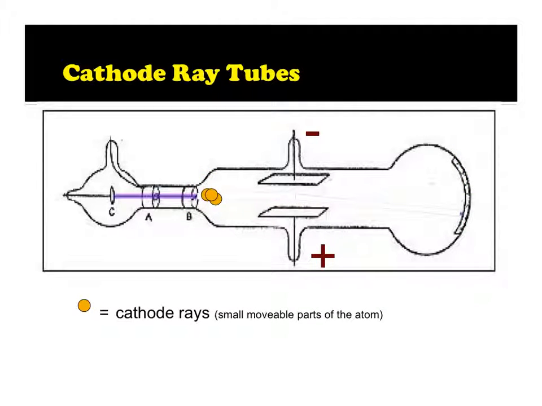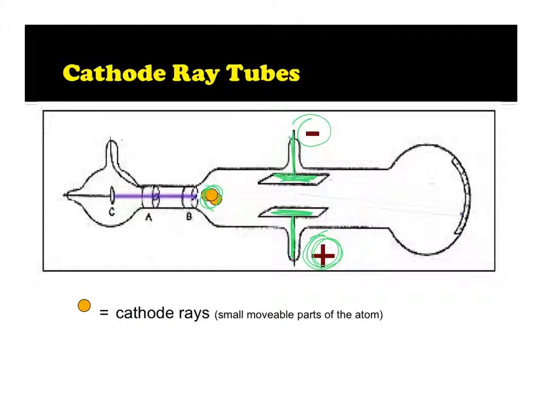To determine if this piece was positive or negative, he put charges and charged these little plates. So this plate down here is positive and this plate up here is negative. So if this little piece is negative, then it'll go towards the bottom and it'll be attracted towards the positive side.